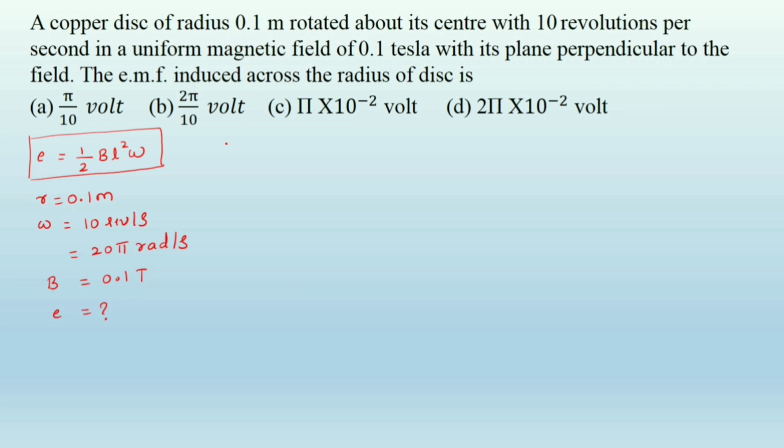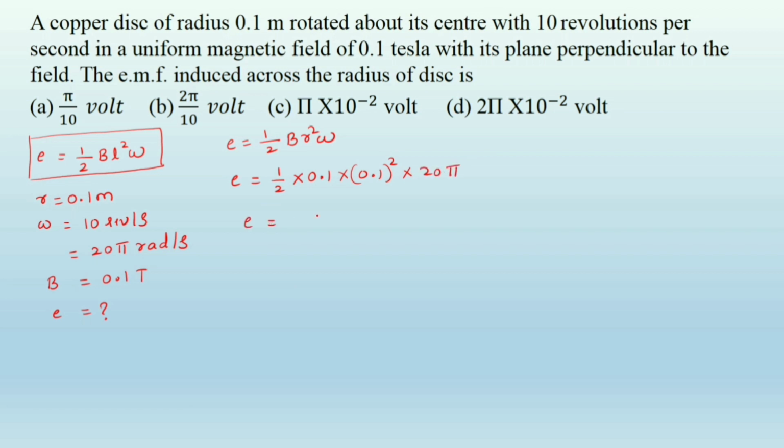So we have the equation E equals 1 by 2 B, and instead of L, we can take it as R square omega. Substitute the values here: E equals 1 by 2, magnetic field is 0.1, radius 0.1 square, into omega, which is 20 pi radian per second.